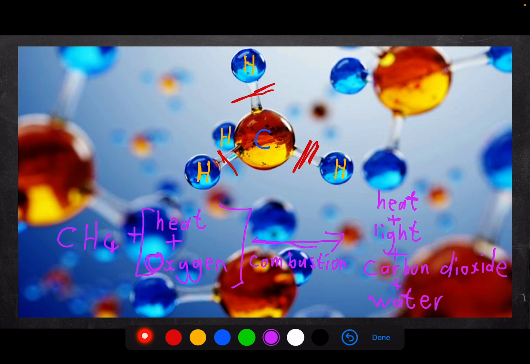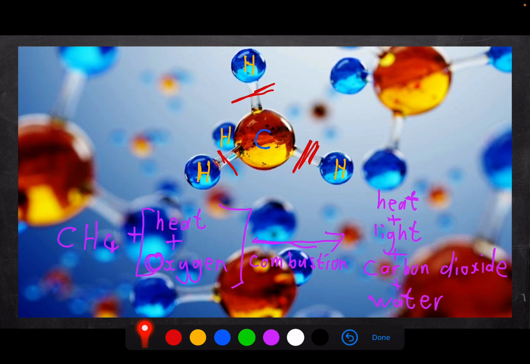And that's counterintuitive, because you think, well, surely when something burns, water doesn't come from it, but strangely it does. So when carbon dioxide and water form from the breaking of these bonds, the energy that they release when they form is much more than the energy that you needed to break these bonds in the first place. And that's how a fuel works.